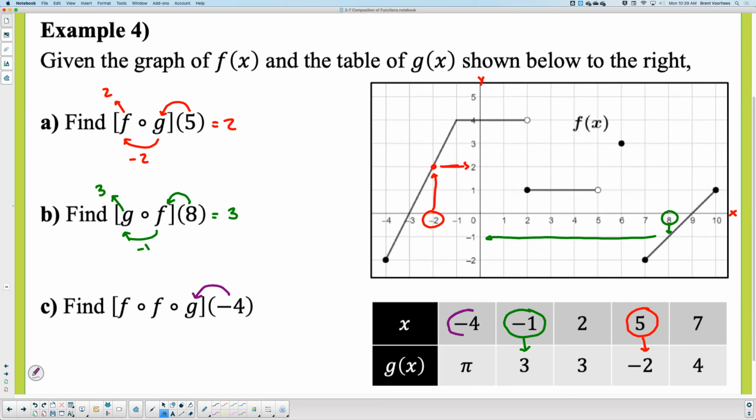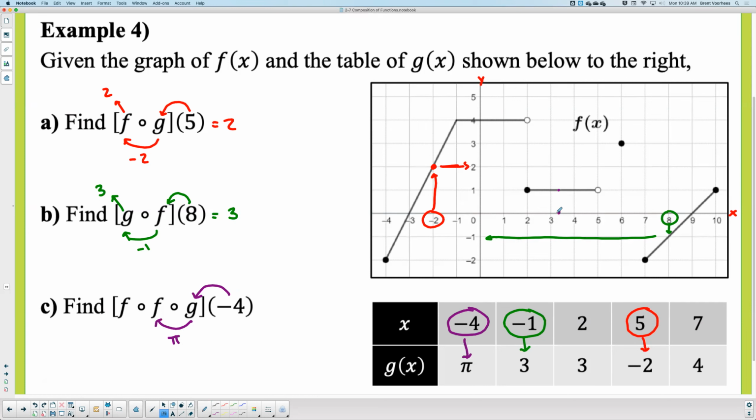And so when you plug in a -4, what do we get? Pi. Now, what do I do with the pi? Here's the question. Do we need to round? No. You just go to pi. And it doesn't matter because this is constant. So wherever pi is, let's just say it's right here.